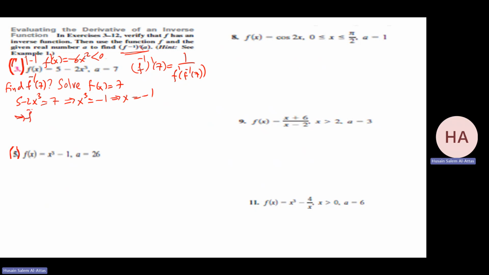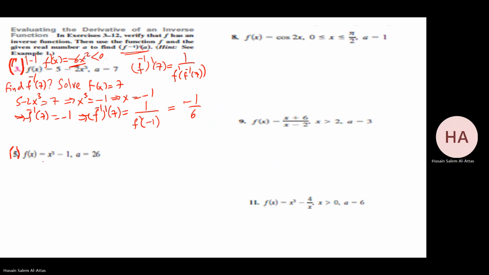So f inverse at 7 equals minus 1. F inverse prime at 7 will be 1 over f prime at f inverse at 7, which is minus 1. So substituting here, I'm getting minus 1 over 6. That will be my answer.